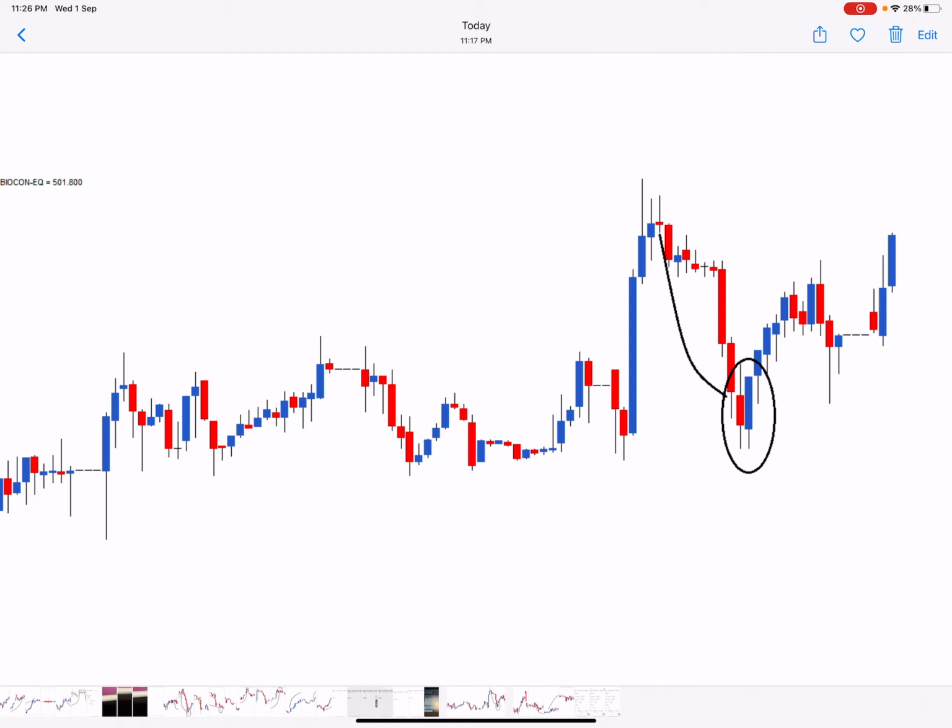The first day of the pattern, P1, should be a red candle, reconfirming the bearishness in the market. Basically, a red candle tells the bearishness in the market. The candle on the second day of the pattern should be blue, long enough to engulf the red candle. So you can see here, it has engulfed the red candle.